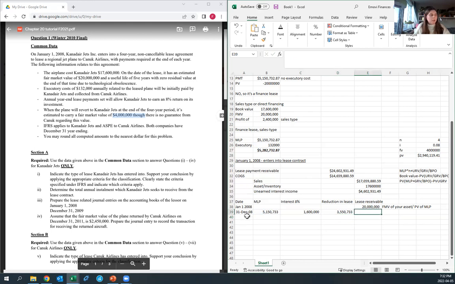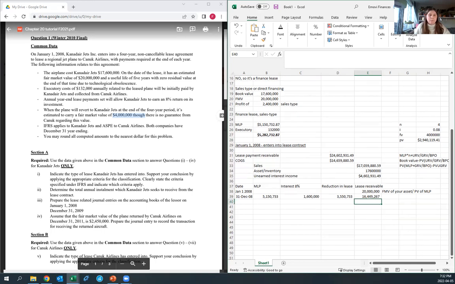So at December 31st, 2008, you're going to decrease your lease receivable to 16 million. Then on December 31st, 2009, it's the same thing, same amount of MLP, and your interest is calculated on the same value. And then I'll do the rest.